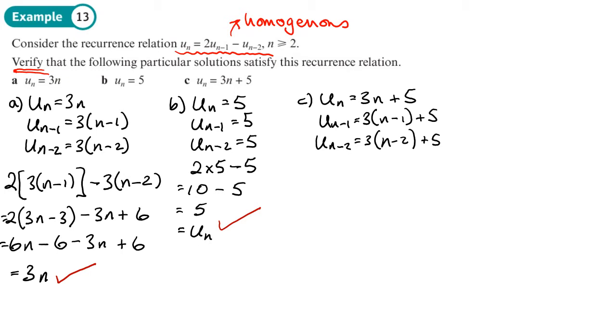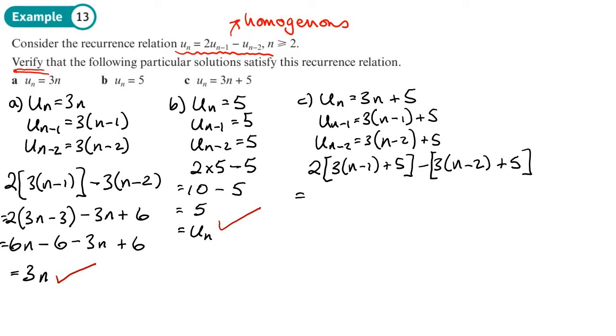Now, just like before, we're going to substitute them into this. So we have 2 lots of un minus 1. So that's 2 lots of 3 times (n minus 1) plus 5. And then we minus un minus 2, which is this. So, putting this in brackets, 3 times (n minus 2) plus 5, and we subtract that.